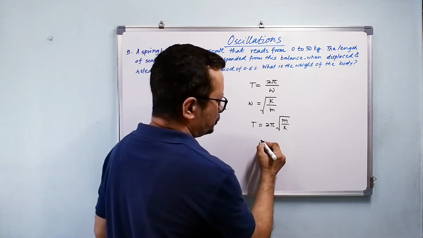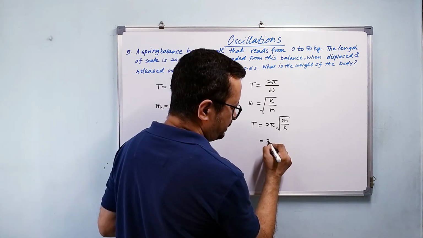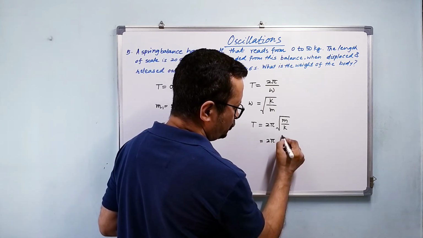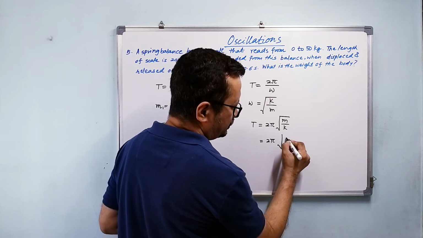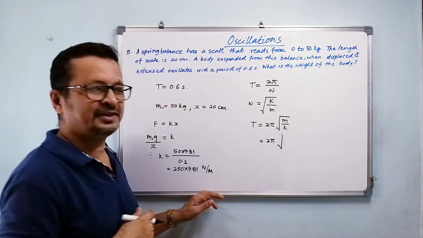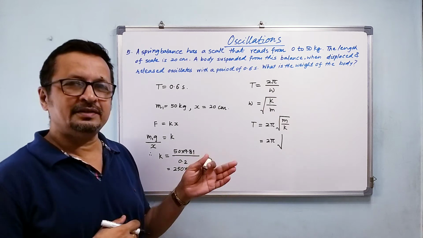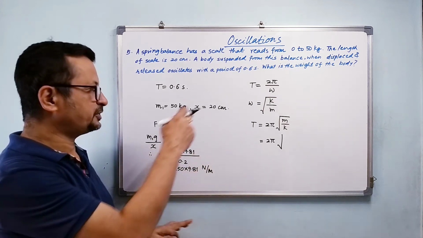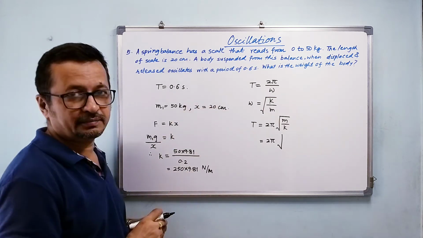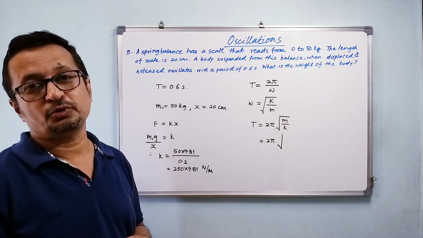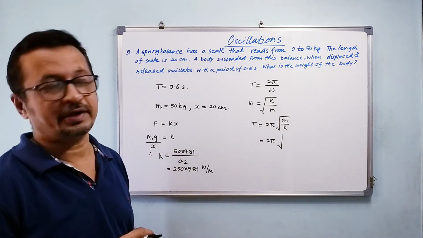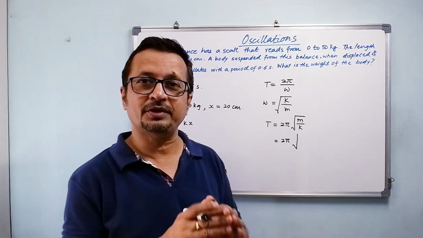Now let us substitute that k over here. So this T will be equal to 2 pi root over m upon k, but we will just change it. We won't substitute that value of k over there because m is not known, T is known. I want to find out m, correct?